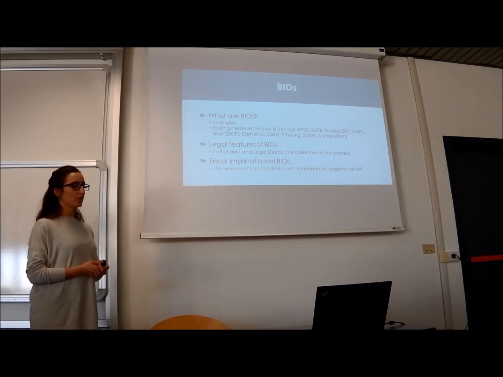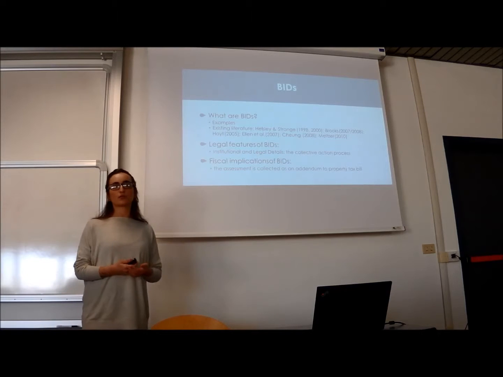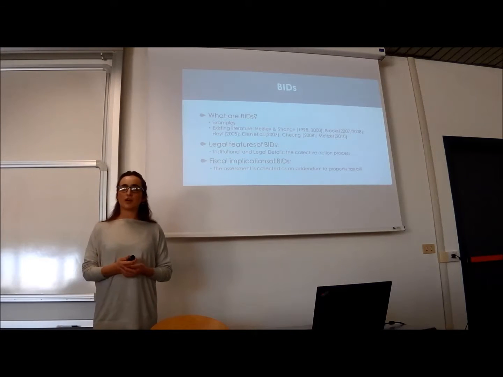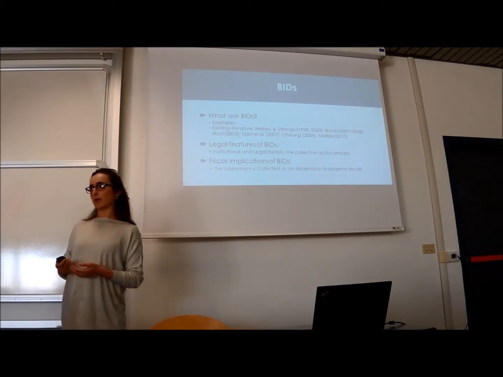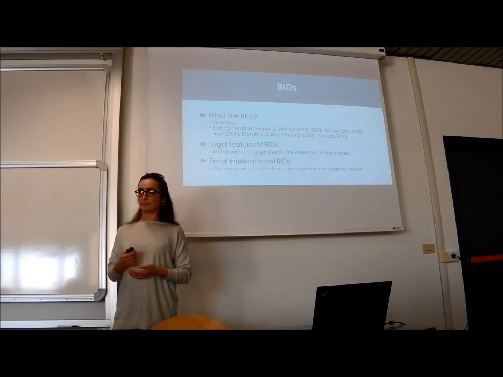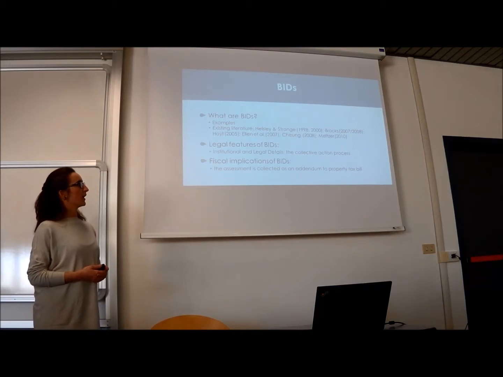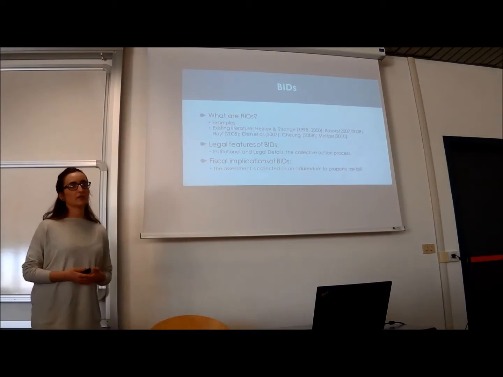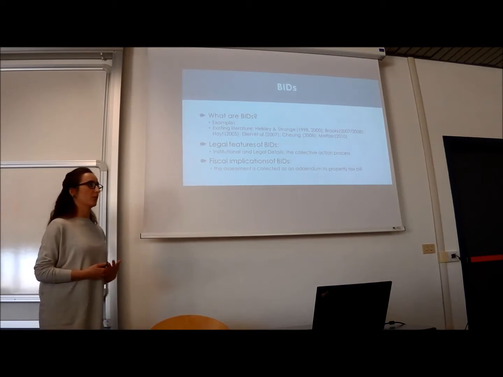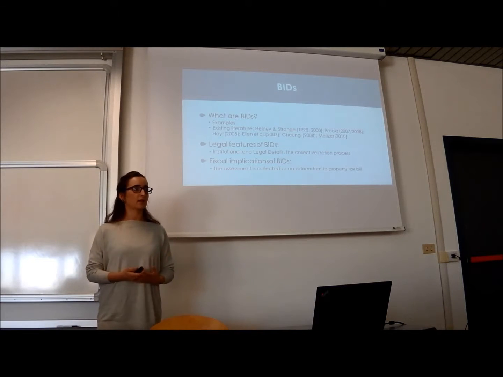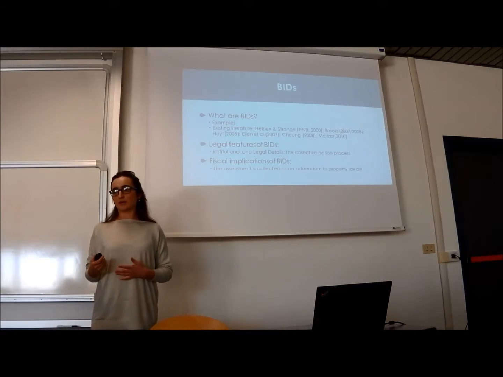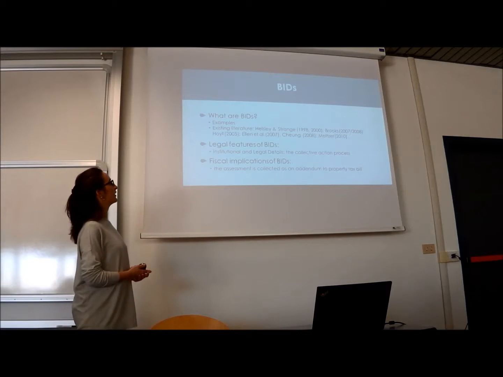For example, business improvement districts include all those activities whose aim is to improve the environment where businesses operate. In particular, we can include activities like posting signs, improving lighting in a neighborhood, or hiring additional security guards.